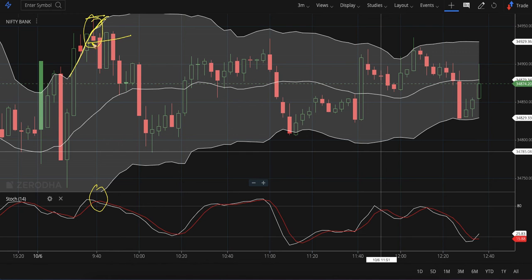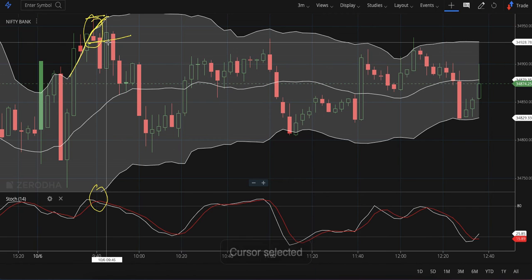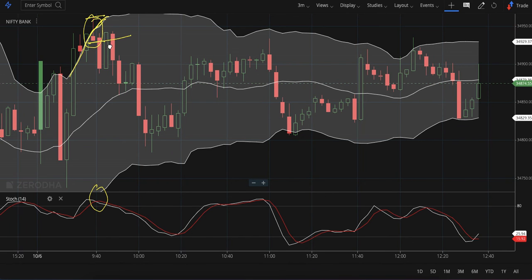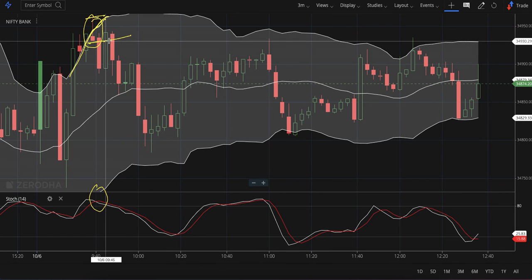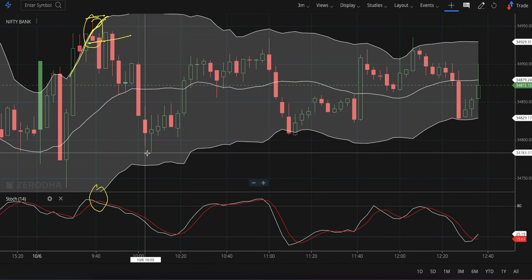So if we would have initiated this trade here, at this point the Bank Nifty was around 34,930, right? If you would have initiated the short trade here, the Bank Nifty went down to 34,783, right?